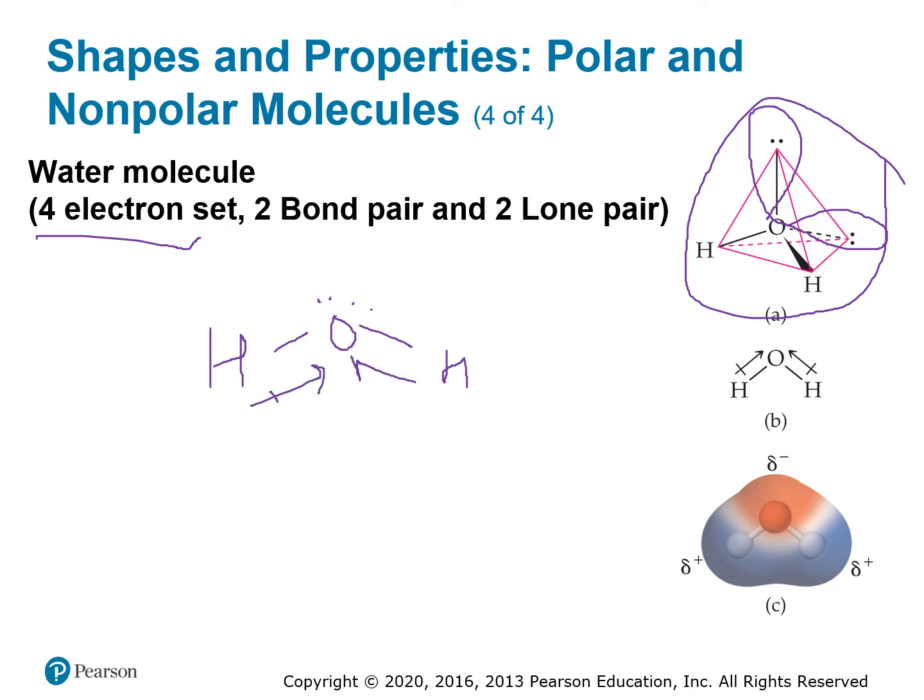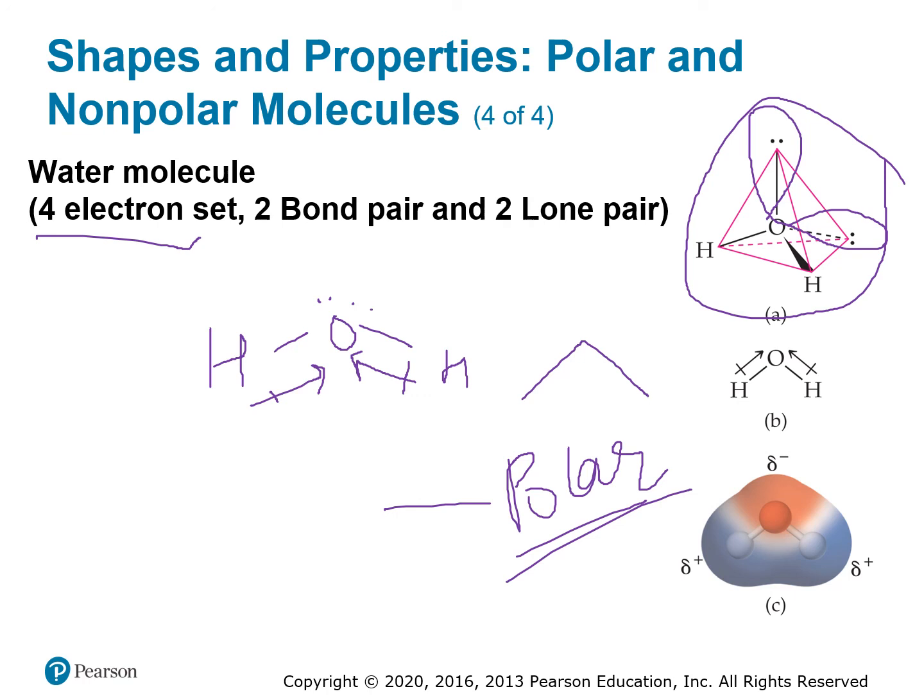Now up towards oxygen, this is another polarity. If it was a linear molecule, they would have cancelled each other. But now, because they are at an angle, they do not cancel, which makes water polar.